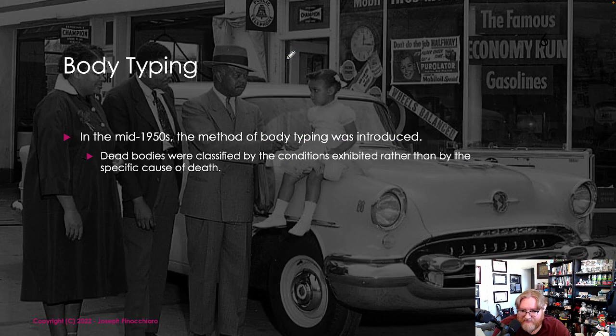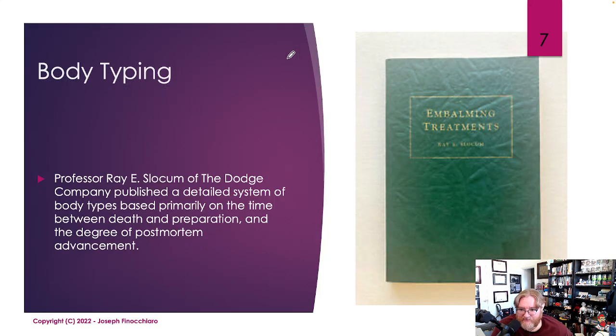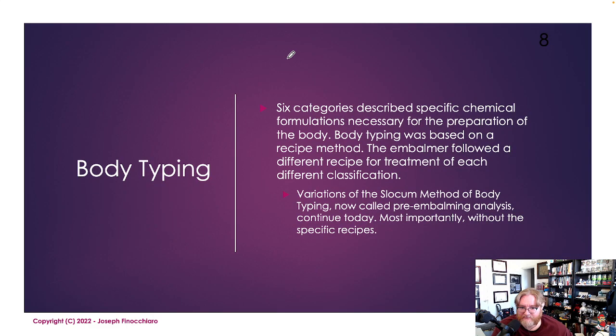In the mid-1950s, the method of body typing was introduced. Dead bodies were classified by the conditions exhibited rather than by the specific cause of death. Professor Ray Slocum of the Dodge Company produced a detailed system of body types based primarily on the time between death and preparation and the degree of post-mortem advancement. 6 categories describe specific chemical formulations necessary for the preparation of the body.